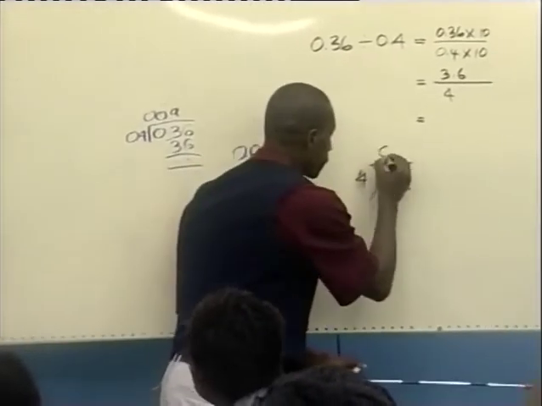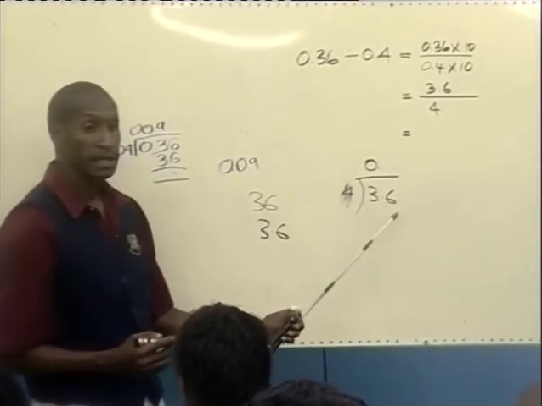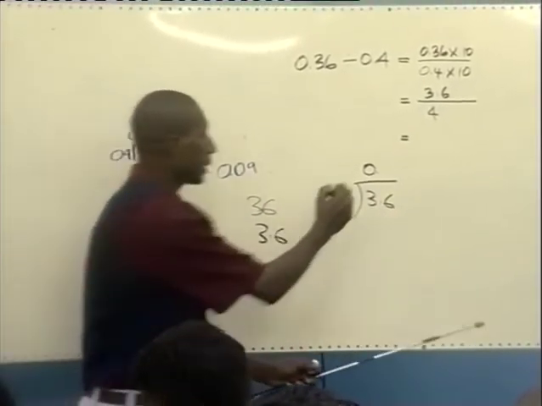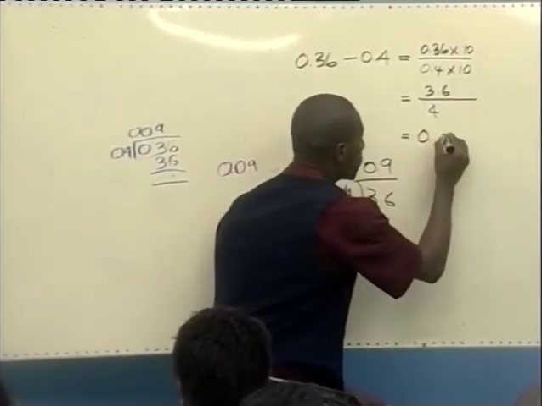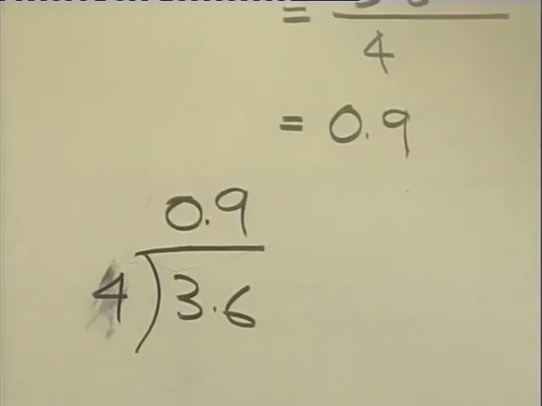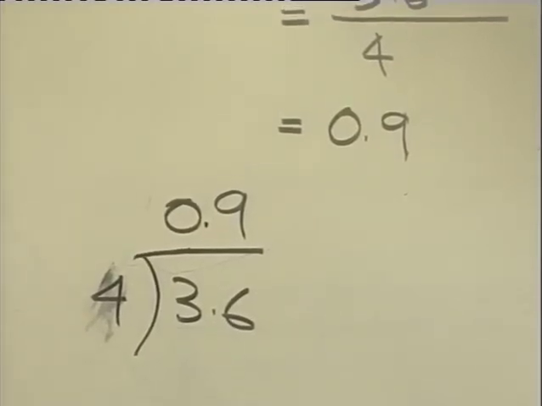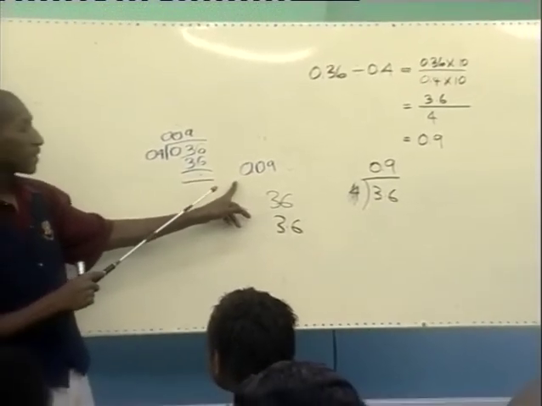Cannot. We add 0 and then place a decimal point. 4 into 36? 9. So our answer is 0.9. Is this answer correct? Yes. And the previous group, the group who came and presented the answer?